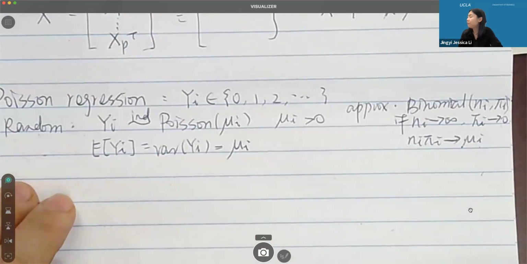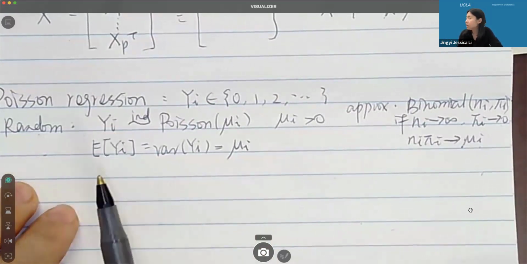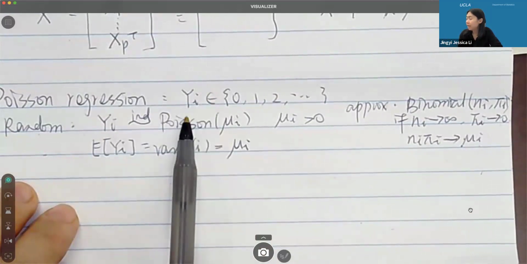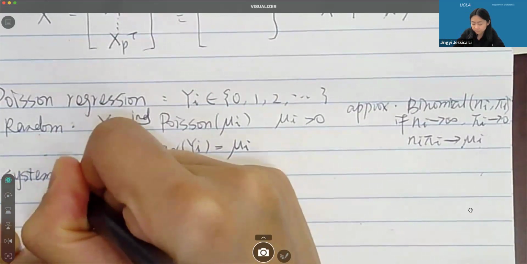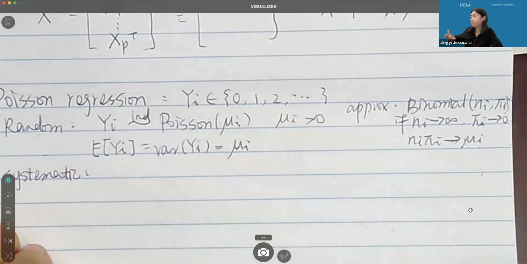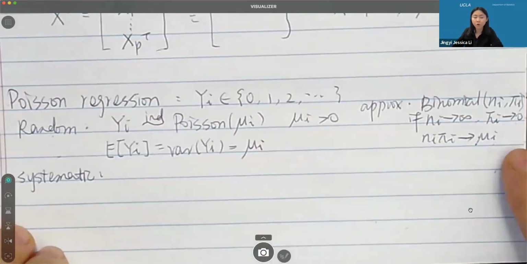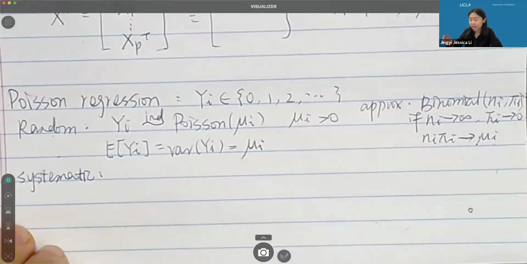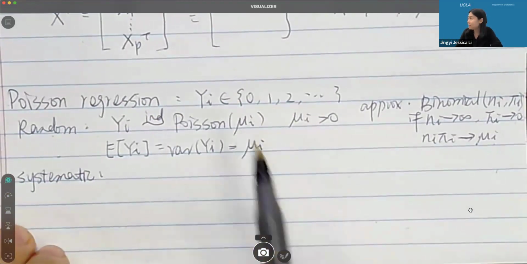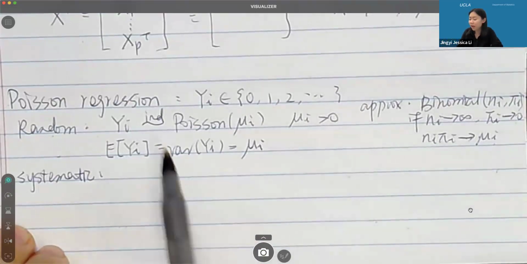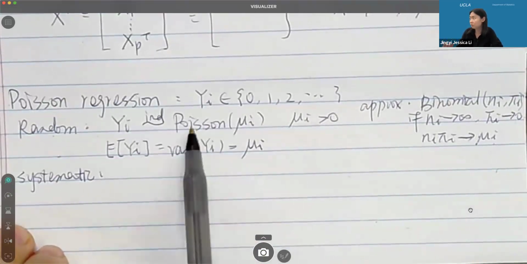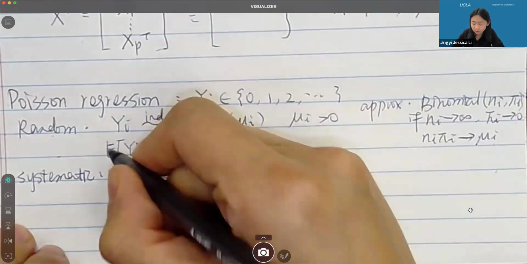As we have for logistic regression, the randomness in your response is only from the random structure. The systematic structure tells you that as long as two observations share exactly the same covariates, their mu i is exactly the same. They're tied to be the same. But still, their yi could be different, and that's just due to the Poisson draw randomness.